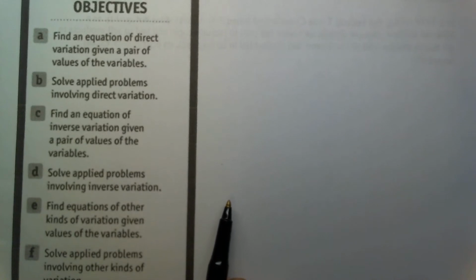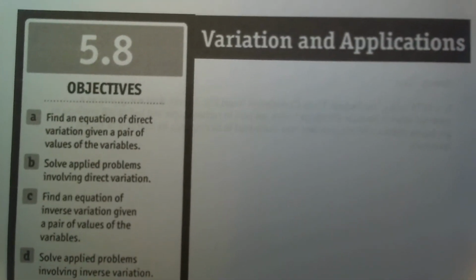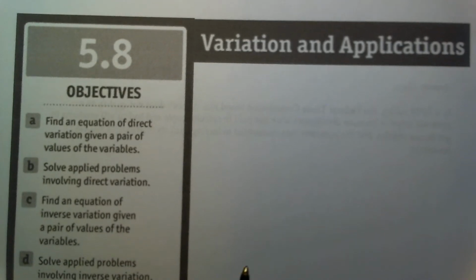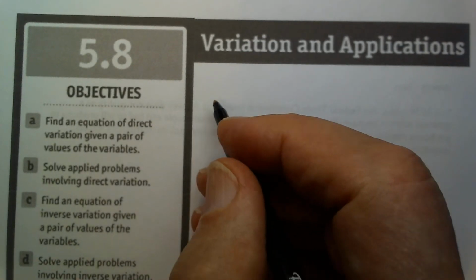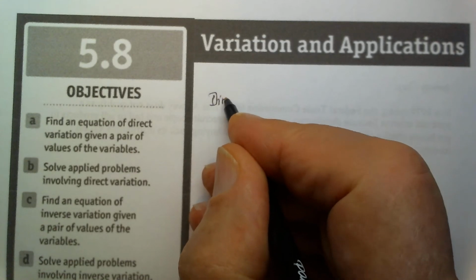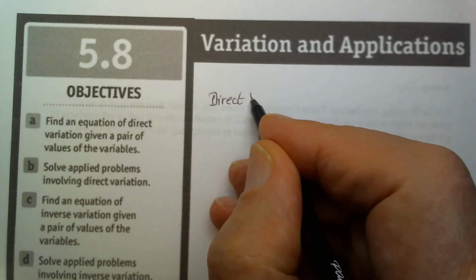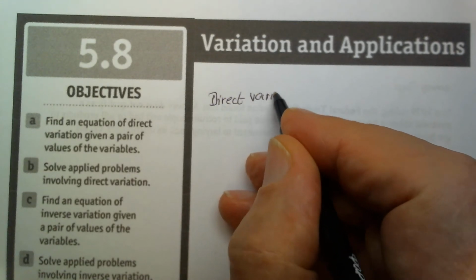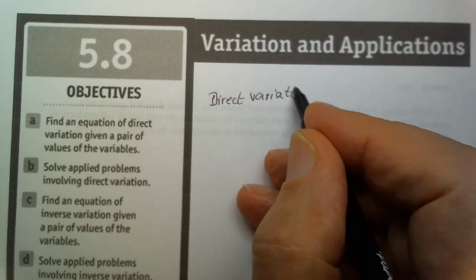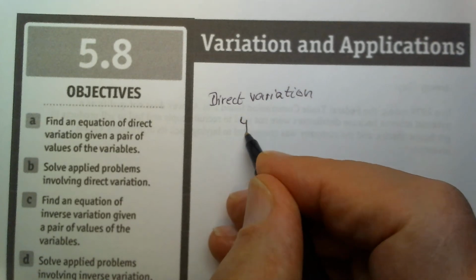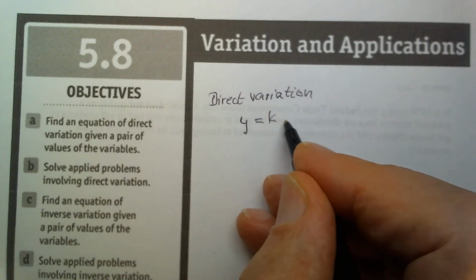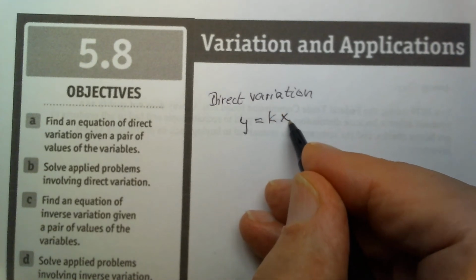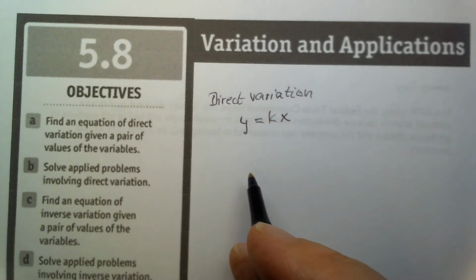So if you've never seen variations before, this may seem a little mysterious, so let me just give you a quick overview, and then we're going to go into the details. So first of all, direct variation is this: y varies directly as x, where k is a non-negative number.